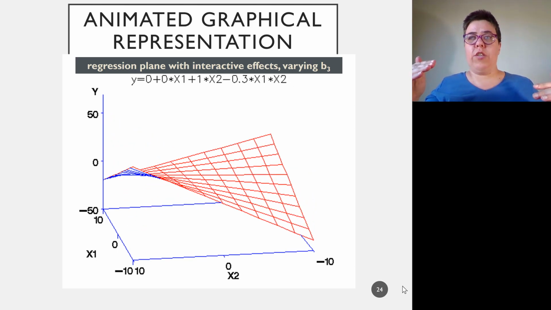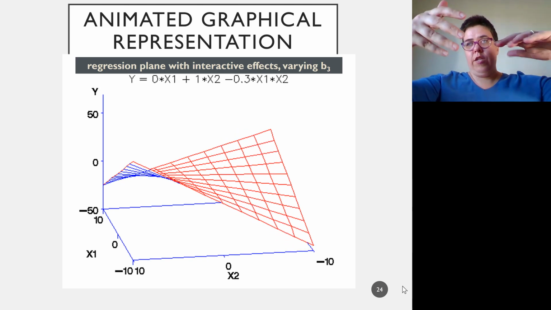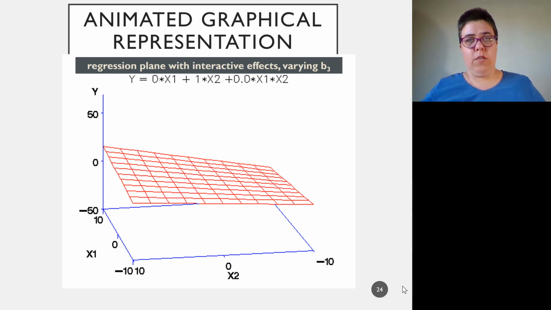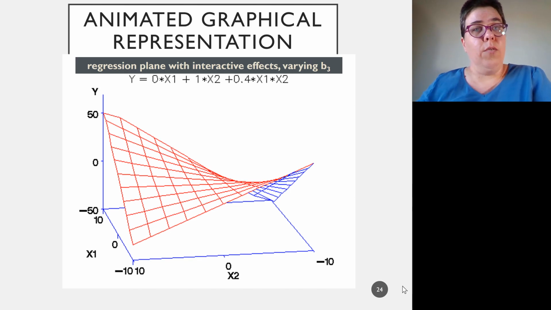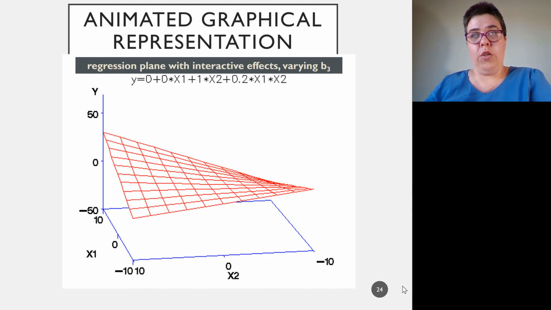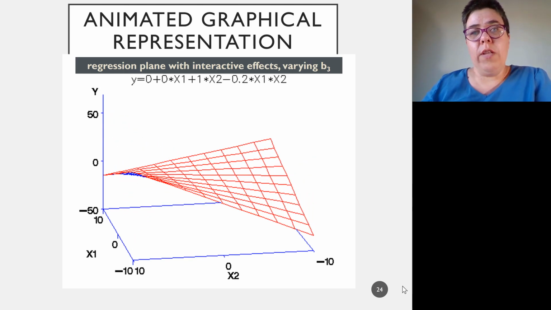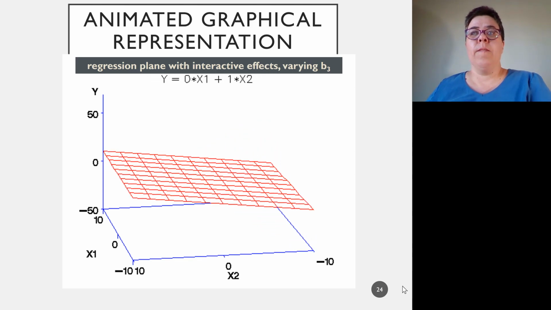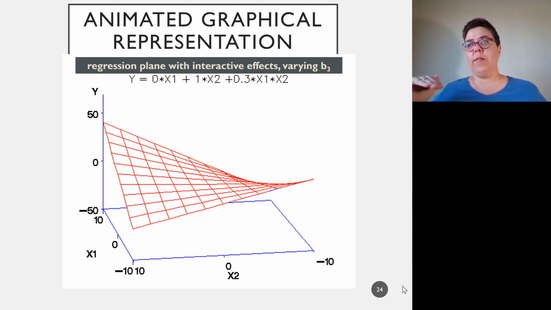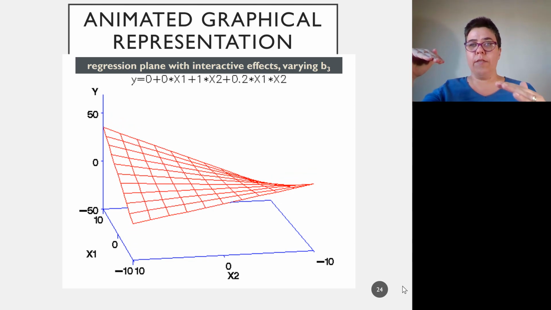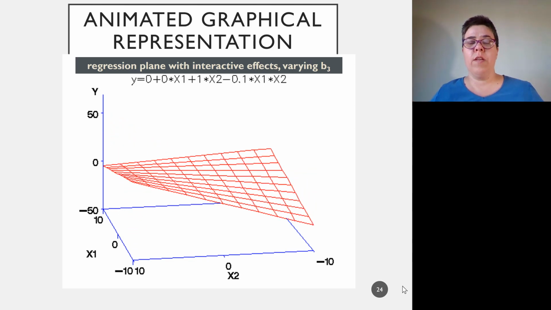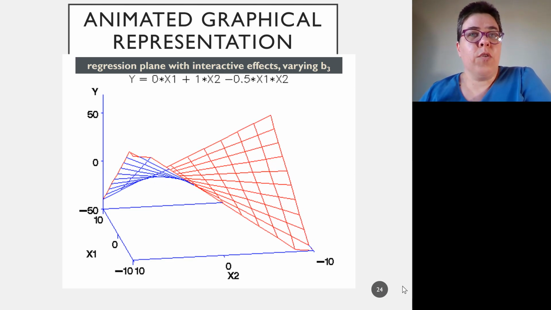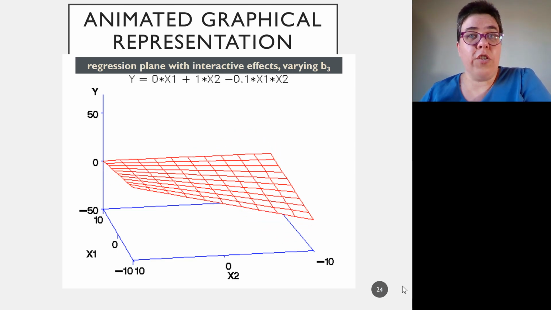As the interaction becomes more negative, it changes in form so that the positive association of x1 to the DV at low levels of the moderator becomes negative at high levels. And then as the interaction coefficient becomes more positive, the regression plane warps in the other direction.